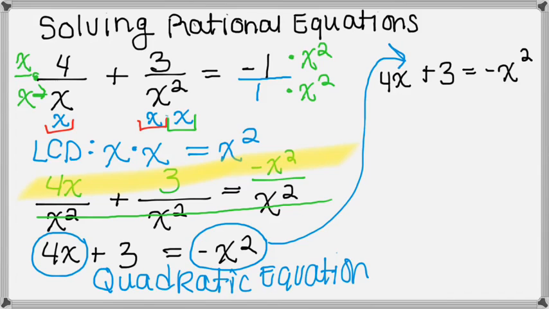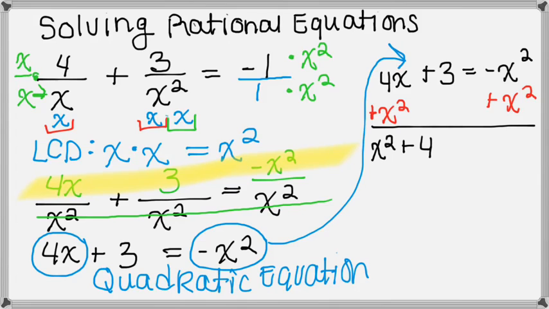So if I was going to use either one of those methods, I'd want to get 0 on one side first, so I can start by adding x squared to both sides. And I can't combine any like terms on the left, so I'm just left with x squared plus 4x plus 3 is equal to 0.